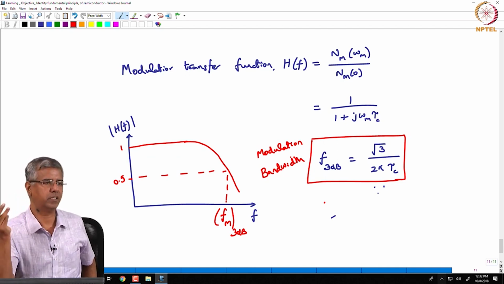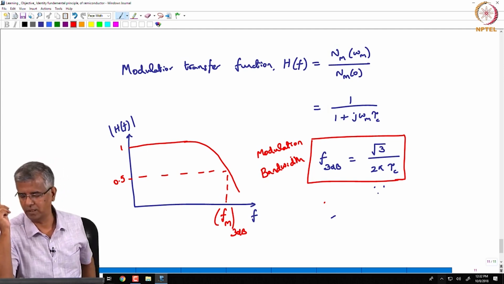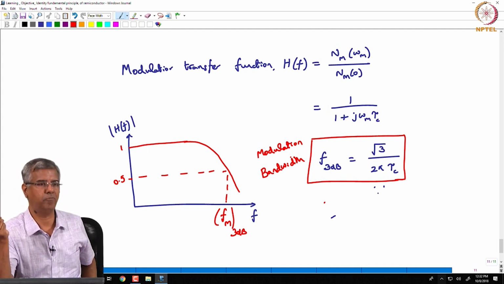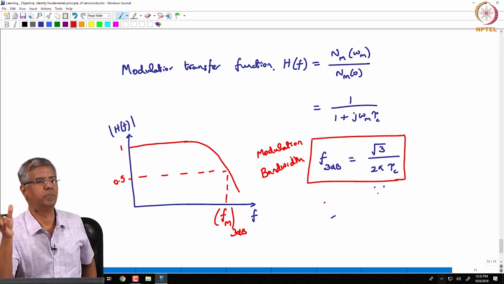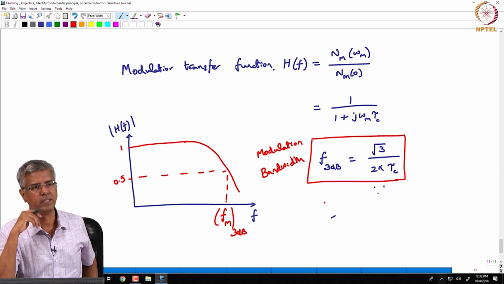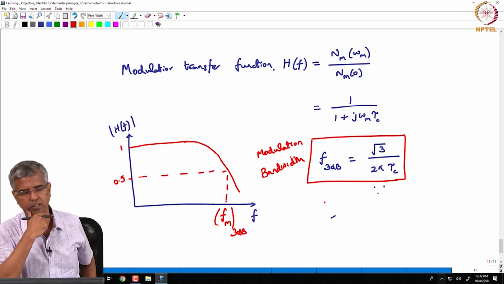So, the shorter the carrier recombination time, the shorter the carrier lifetime, the greater the modulation bandwidth. So, it does not limit it. On the other hand, if you have a longer carrier lifetime, then that will correspond to a shorter modulation bandwidth.